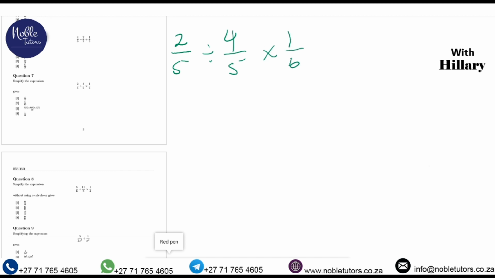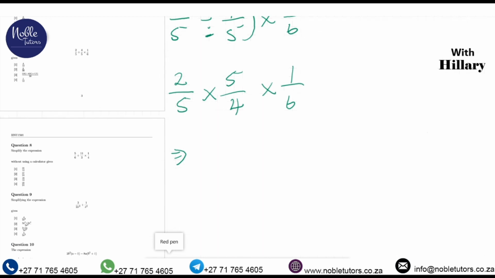So when you're given a fraction like this, you don't look for a common denominator. What you do is to change this division into multiplication. How do you do that? You will then say 2 over 5 multiplied by, then you exchange the numerator with the denominator. Hence, you're going to say 5 over 4 multiplied by 1 over 6. Then you are warm and dry.